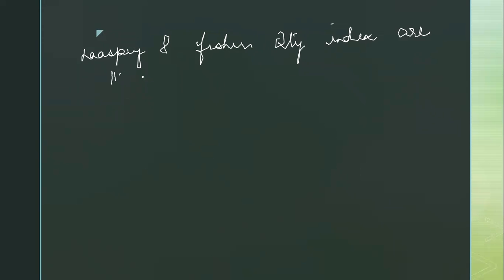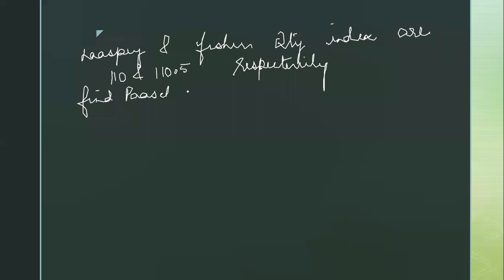If Laspeyres and Fisher's quantity index are 110 and 110.5 respectively, find the Paasche quantity index number. So to find the Paasche quantity index number, what have they given?